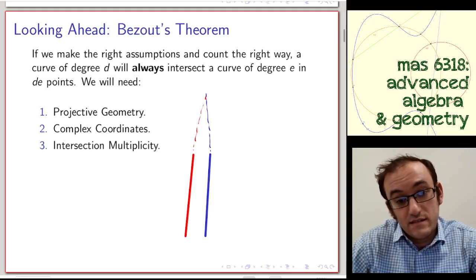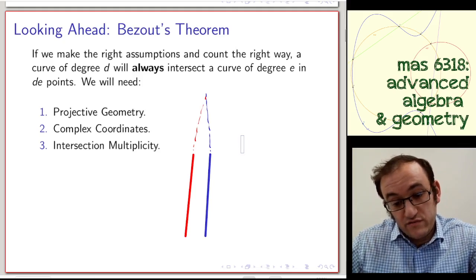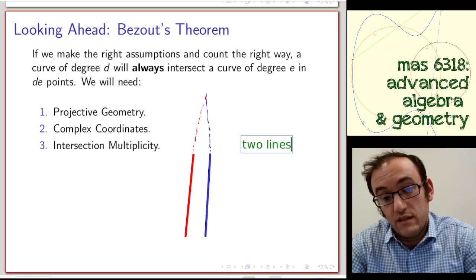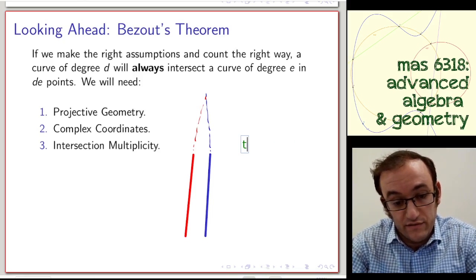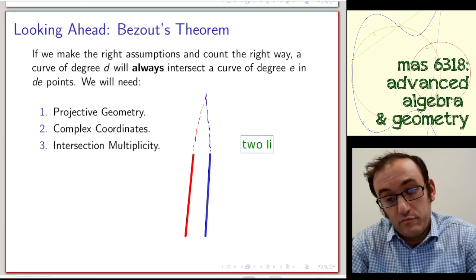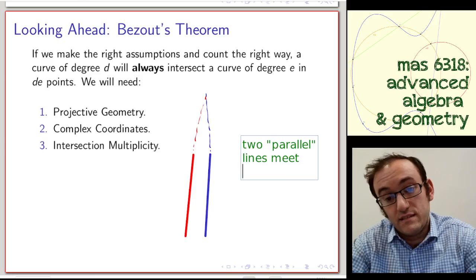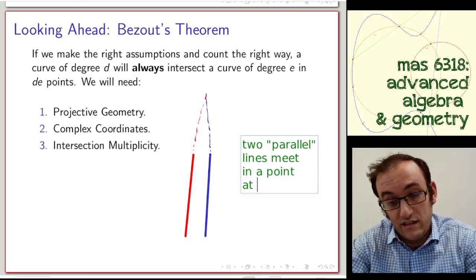Okay, this is the key to the key of the projective plane. So any two lines, even two parallel lines, meet in a point at infinity.